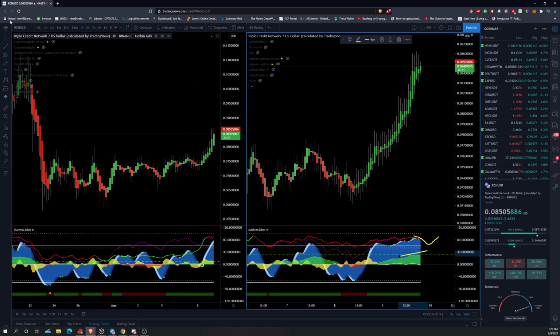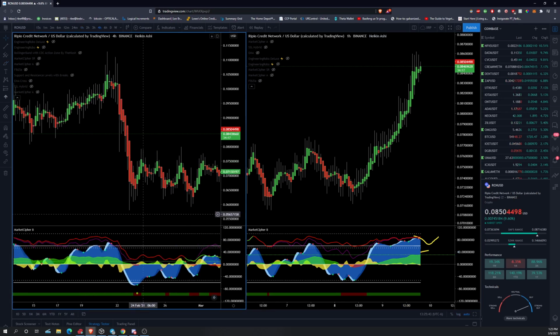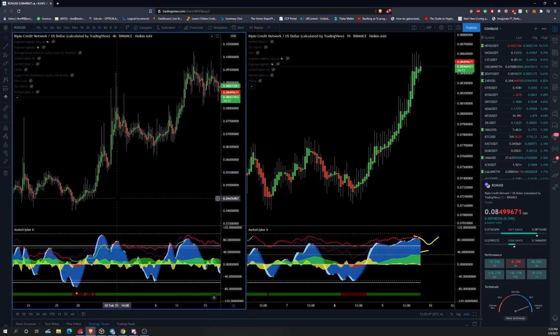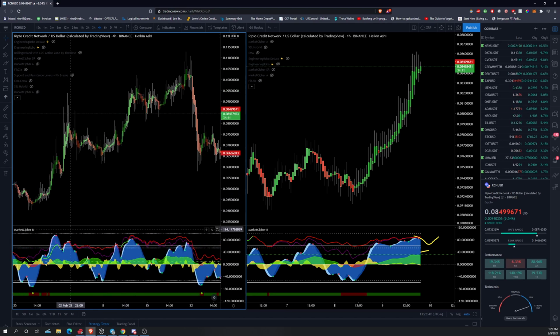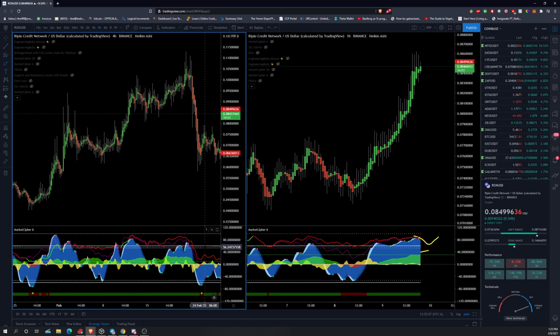This is a really good setup here on the 4 hour. So I think you just have to be patient. This is kind of what I expect out of it. It's going to have this extended run like this right here. A lot of green money flow where it didn't fall down. It just kept pushing up.